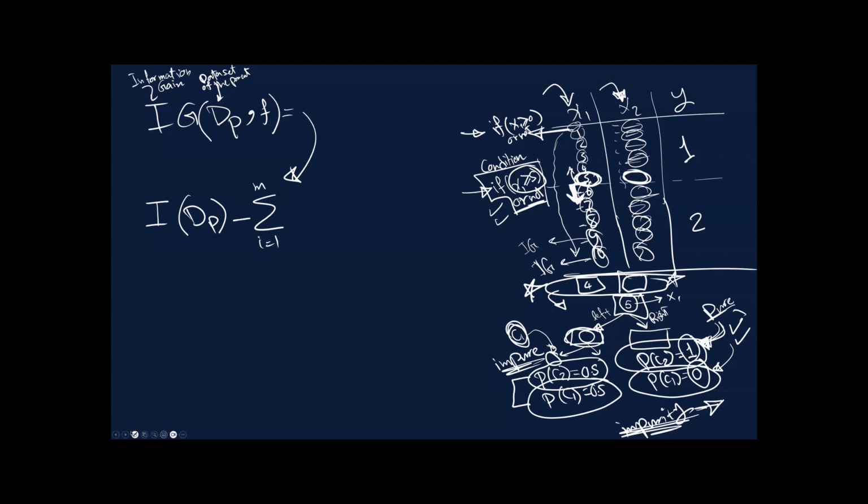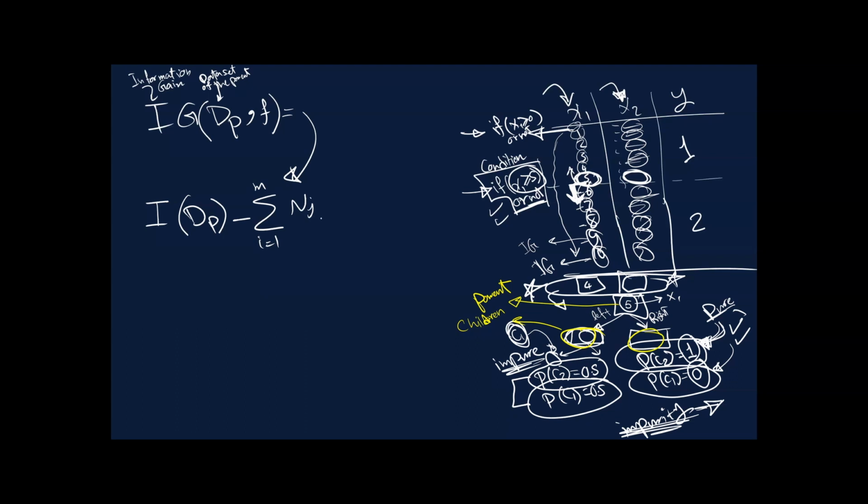So we can basically call this the parent, and we can call those the children nodes. And here we just have a normalization factor.